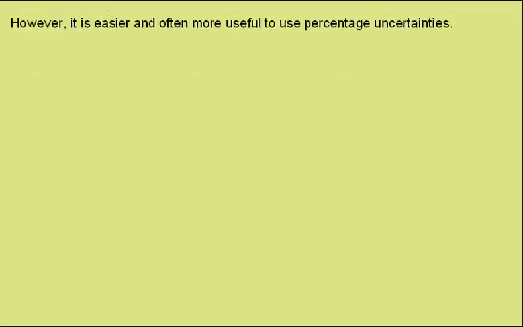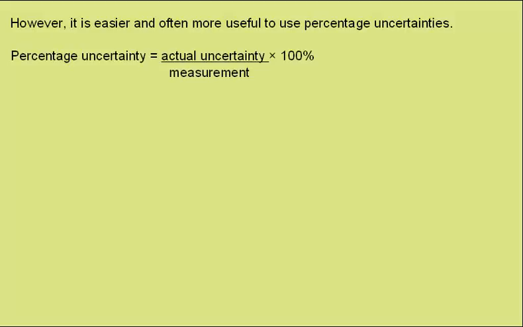However, it is easier and often more useful to use percentage uncertainties. Percentage uncertainty is calculated from the actual uncertainty divided by the measurement and multiplied by 100 to give a percentage.